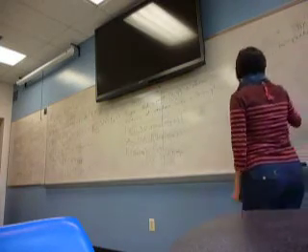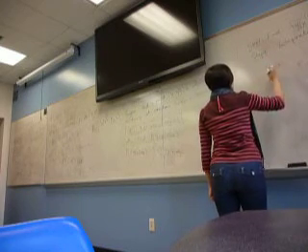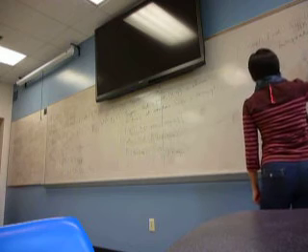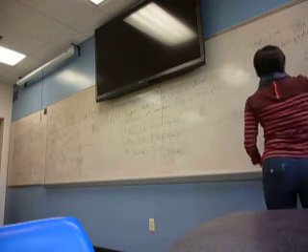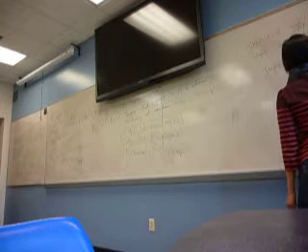Alright, so step 1. How do we find this? By definition, it is just the joint density function divided by the density function of X, conditioning on X. That's the definition of a conditional probability.